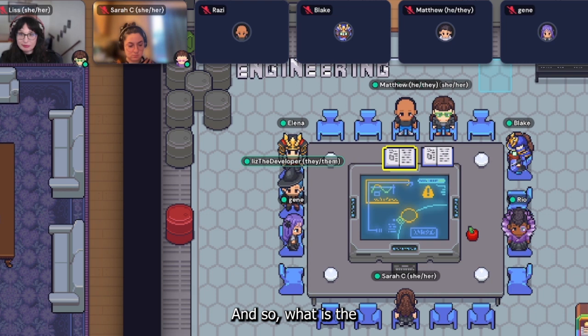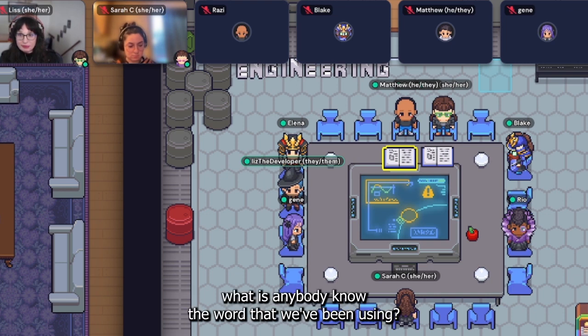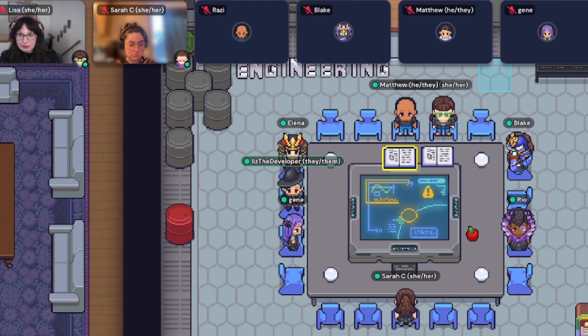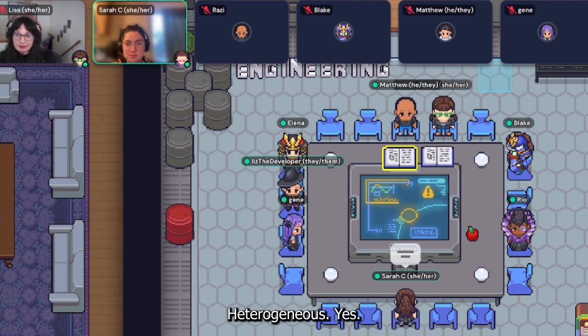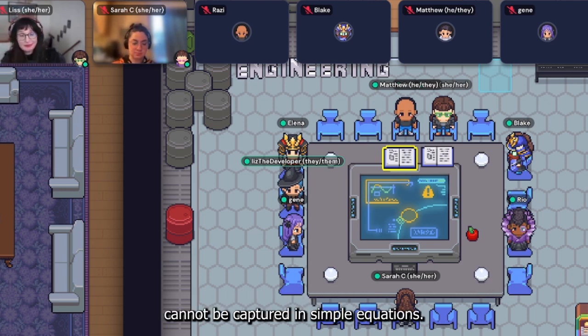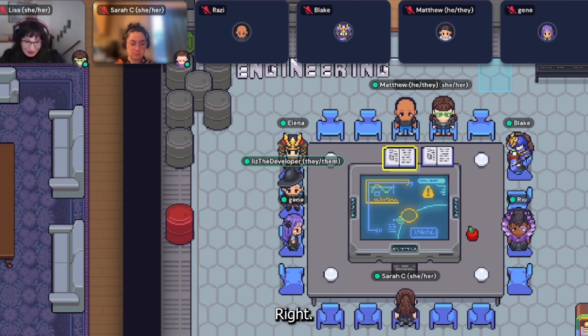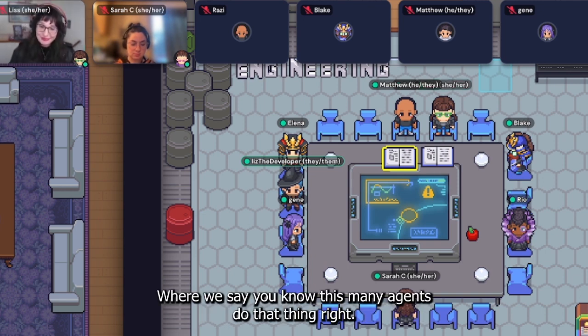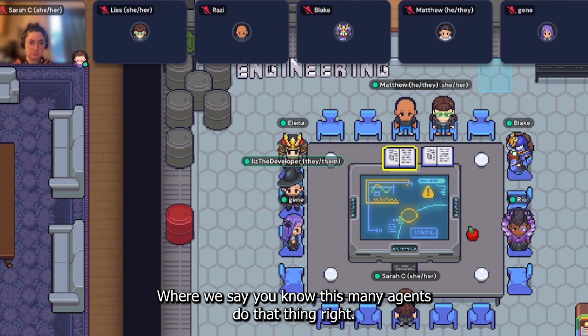Does anybody know the word for that that we've been using? Heterogeneous. Yes. So heterogeneity as a key element of the system cannot be captured in simple equations, where we say, this many agents do that thing.